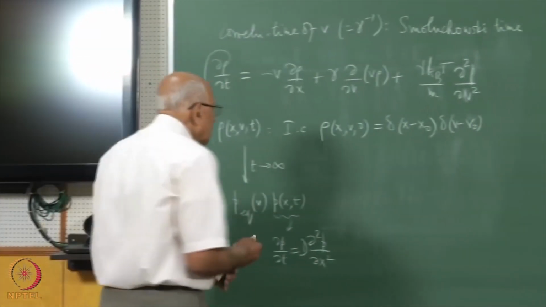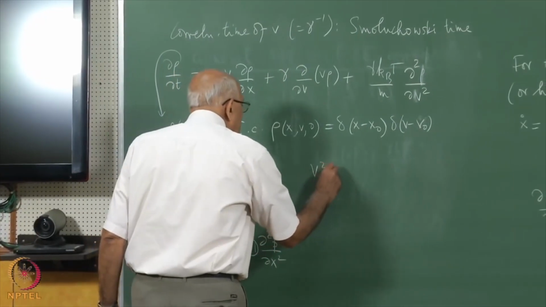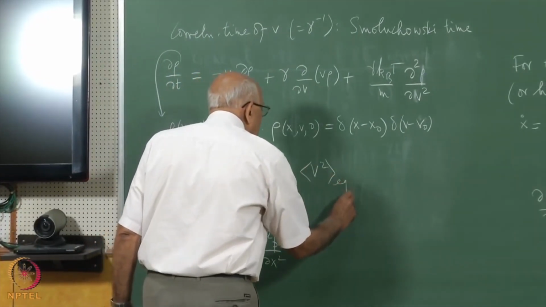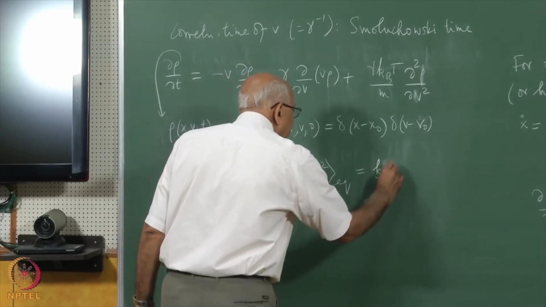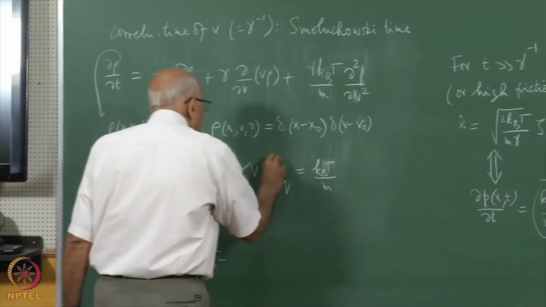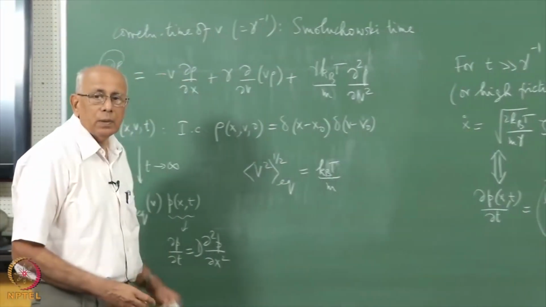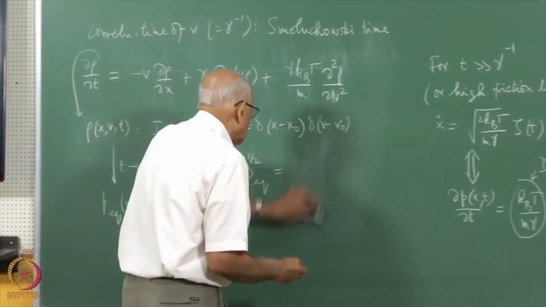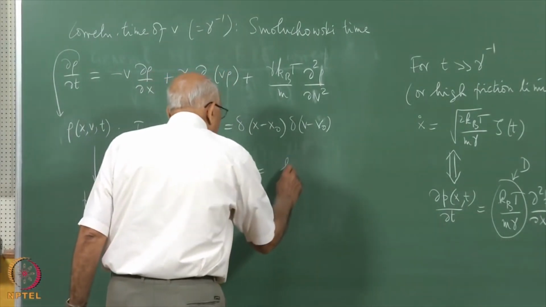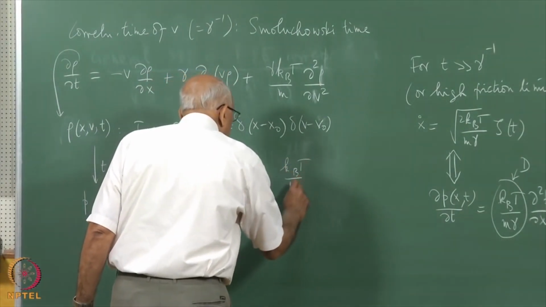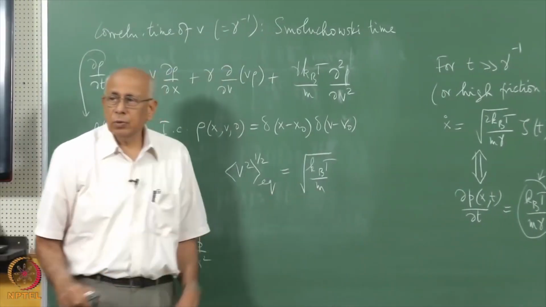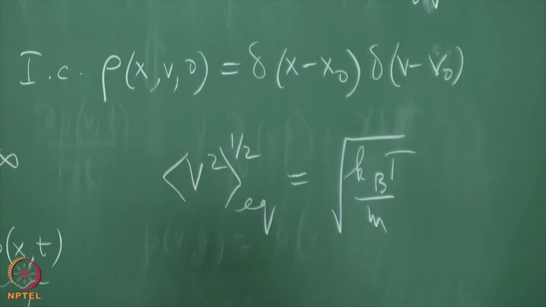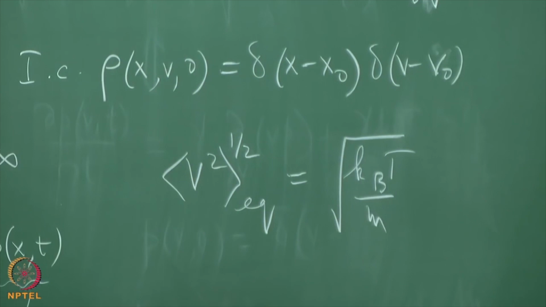So, this v squared in equilibrium is k Boltzmann T over m, square root, sorry. This quantity gives you a characteristic speed. Therefore, there is also a length scale. What would you do?